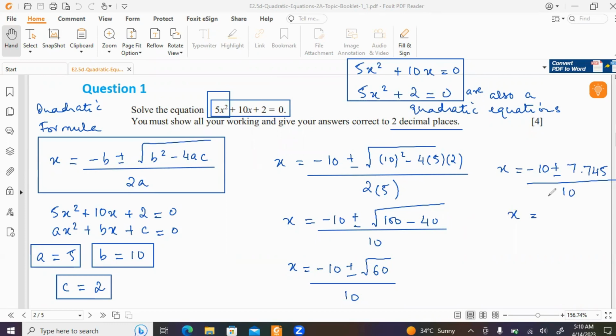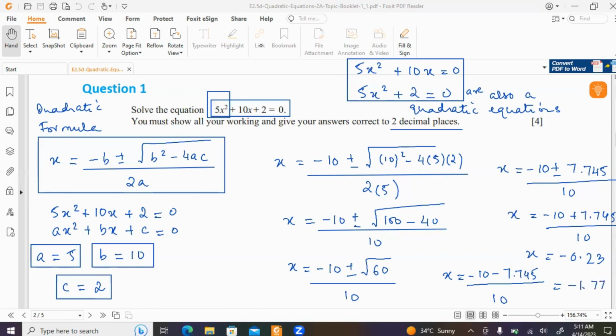So now we split the fraction into 2 different fractions. In one fraction, it's going to be negative 10 plus 7.745 divided by 10, which will equal to negative 0.23, and the other one is going to be negative 10 minus 7.745 divided by 10, which will equal to negative 1.77.